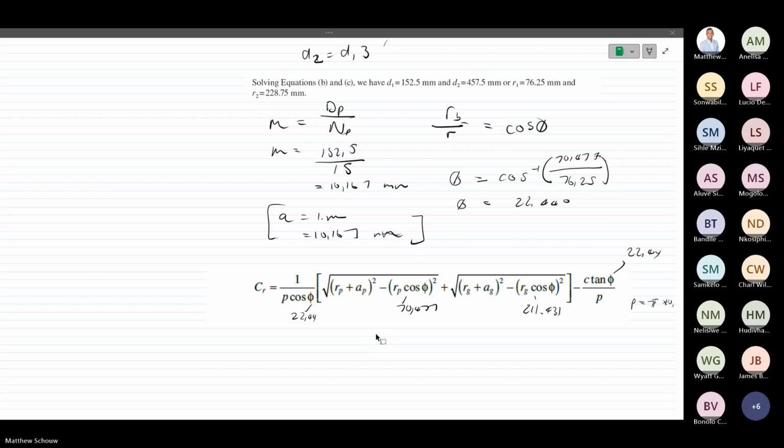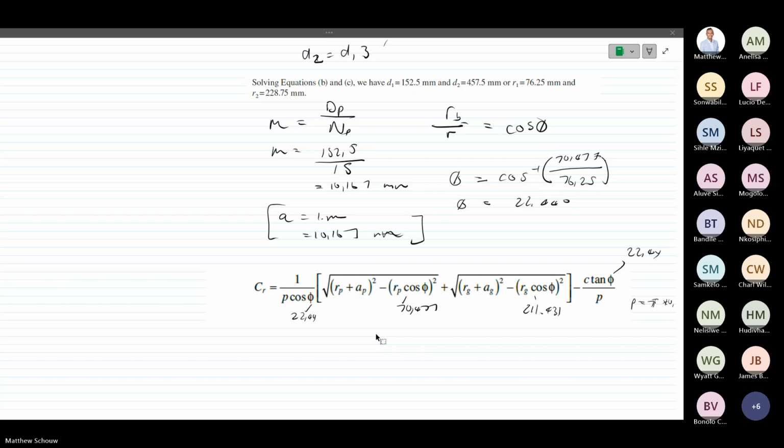And like I said, the only reason we're doing this is to determine how many teeth are in contact. That's basically it.